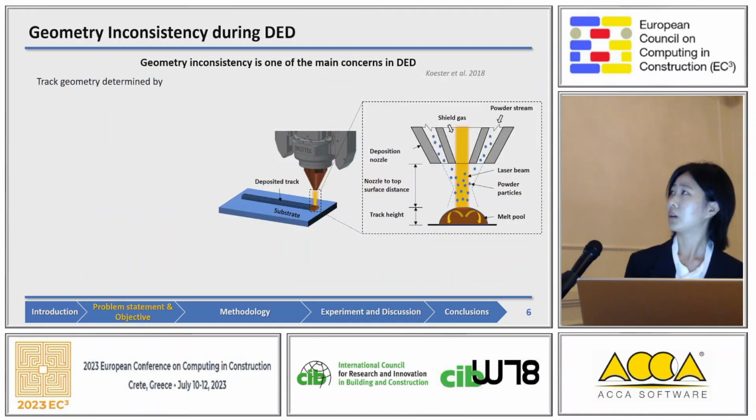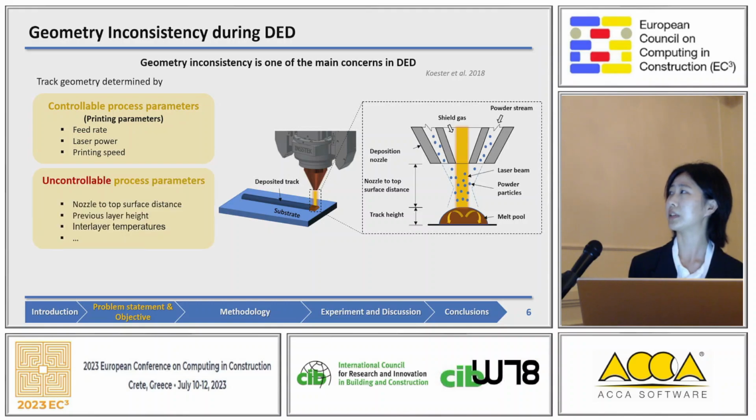And to adopt this advanced technique in construction industry, geometry inconsistency is one of the main concerns. During the printing process, the track geometry is determined by the controllable process parameters, also called printing parameters, like the feed rate, laser power, or printing speed.